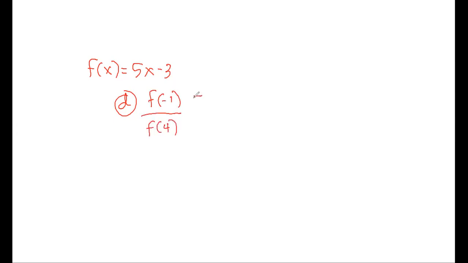Now we first solve f of negative 1. Again, we substitute negative 1 to the value of x. So we have 5 times negative 1 minus 3. 5 times negative 1 is equal to negative 5. Minus 3, the answer is negative 8.